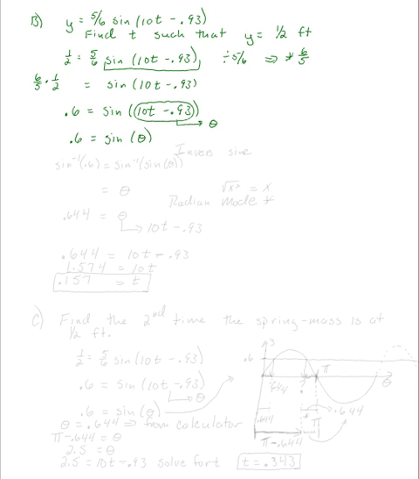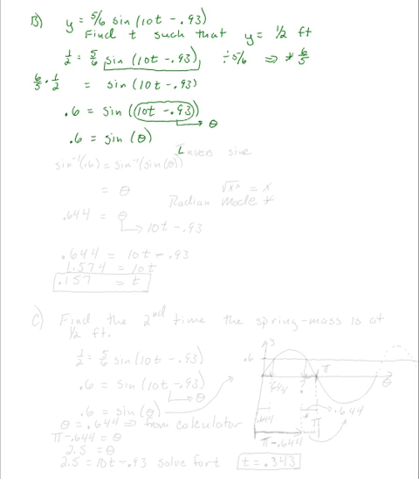If this was 0, or 1, or -1, I could look at my graph very easily. It's not a special angle value like square root of 3 over 2, or square root of 2 over 2, or 1/2.